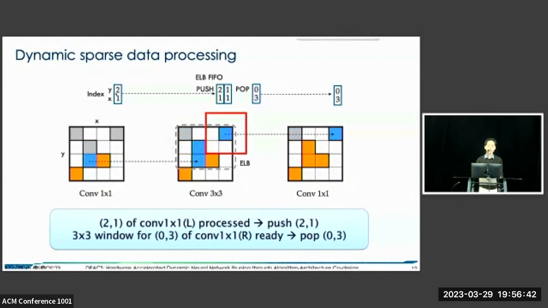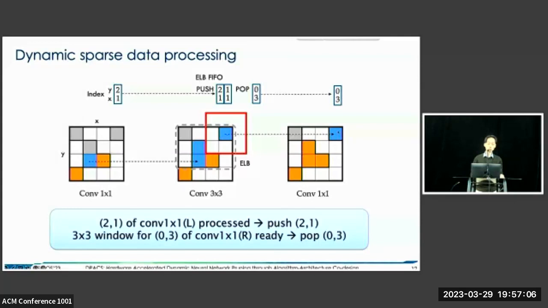Do one more example. Next, we deal with the next pixel, which will be right here, going to 2, 1, to get to this particular point. Now, some details in the paper tell you how you do the math. But if you do the math, the fact that you're pushing 2, 1 into the system will tell you that you are now ready to perform the 0, 3 computation.